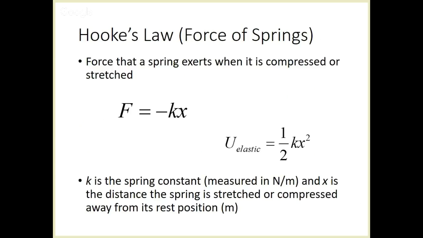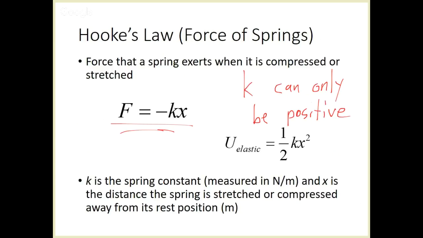But if I ask you how many newtons it'll take to stretch a spring a certain distance, that's a good place to go. F equals negative kx. Again, k can only be positive. It's impossible for me to have to exert a negative amount of force to stretch a spring.